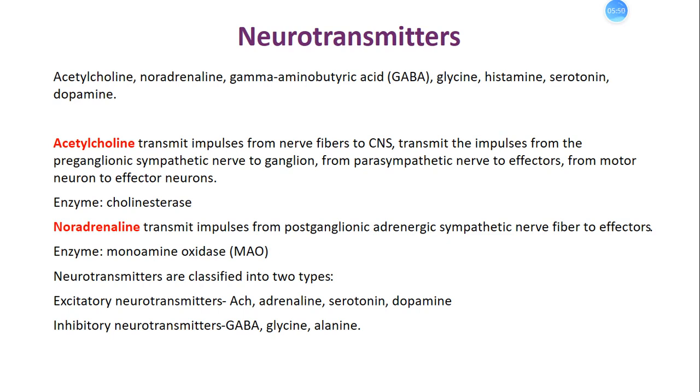And after releasing it into the synaptic cleft, it must bind or act with a target area, for example, the postsynaptic membrane, to produce some biological effect, such as action potential, postsynaptic excitatory potential. And after that, it must be inactivated.